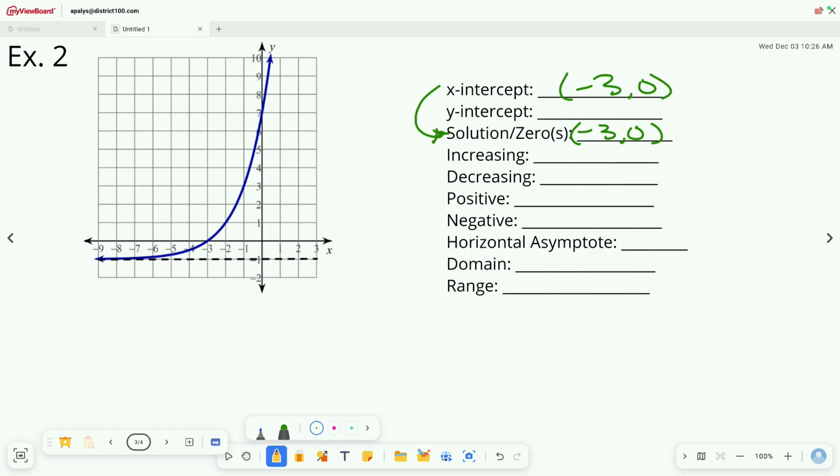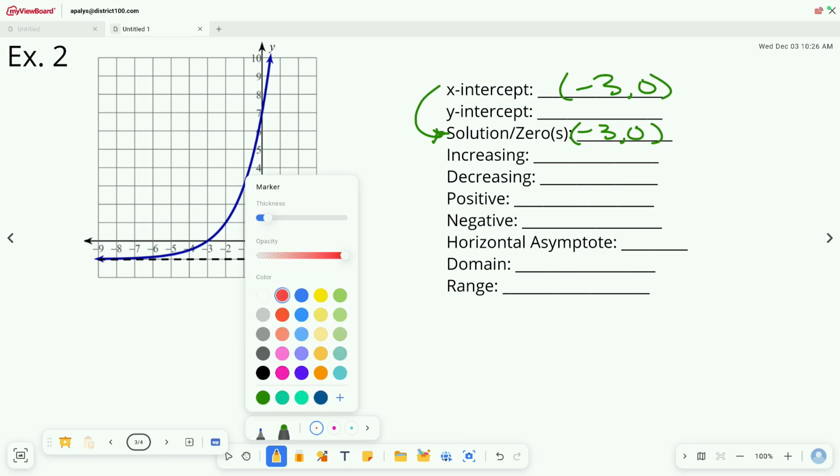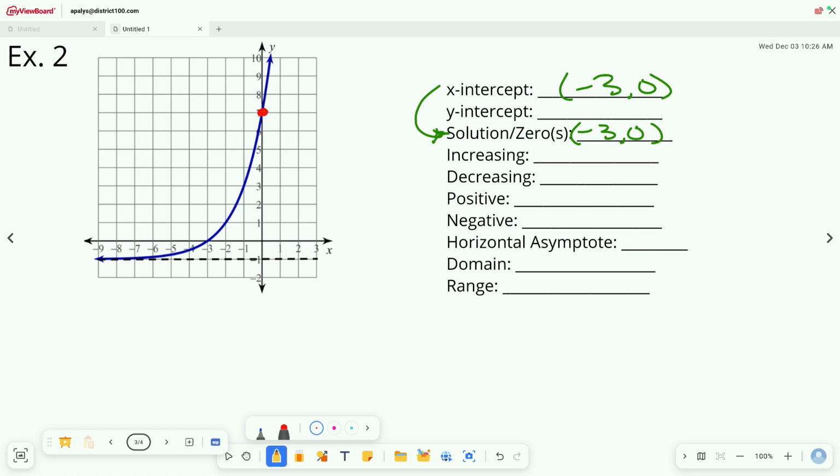Okay, Catherine, what did you get for your y-intercept? 0.7? Perla, what did you guys get for the horizontal asymptote?